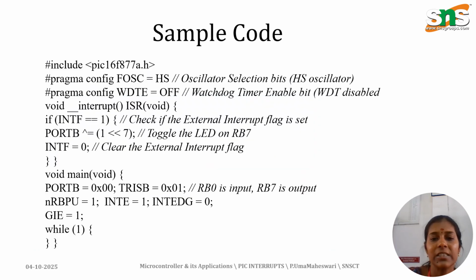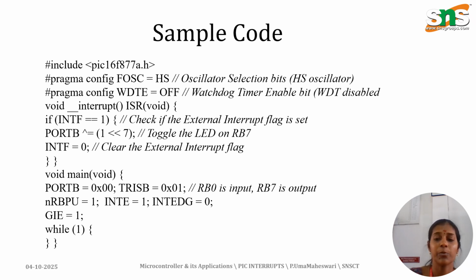Here, in the sample code, the oscillator selection bits, that is the HS bits, are set with pragmas; we have seen two pragmas. One is the watchdog timer, and then the interrupts are also introduced here. If INTF is equal to 1, that is, if that particular interrupt pin is set to 1, then port B will be enabled, and if not, port B will be set to 0.